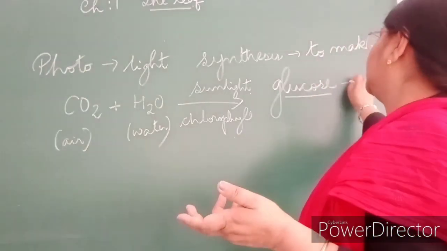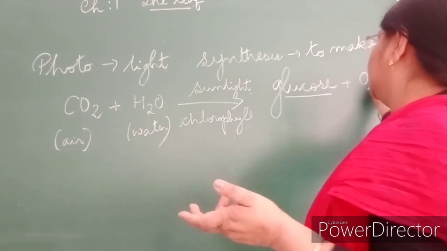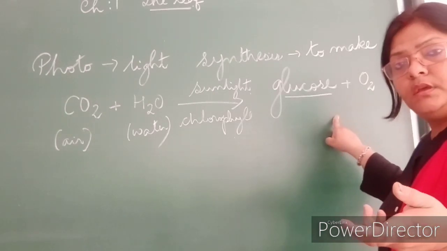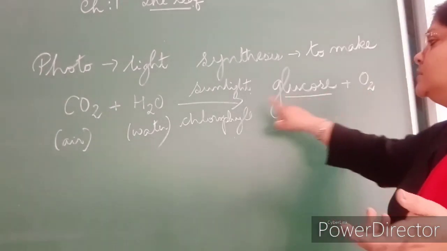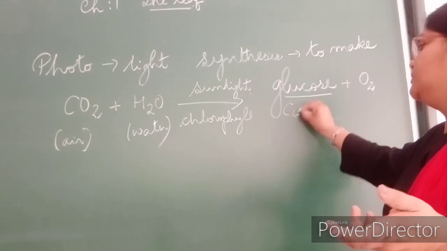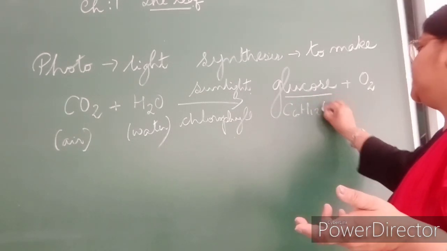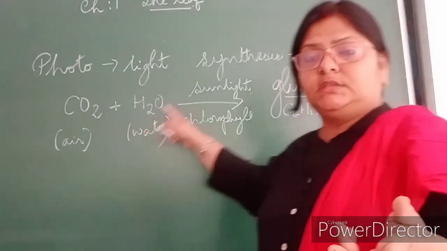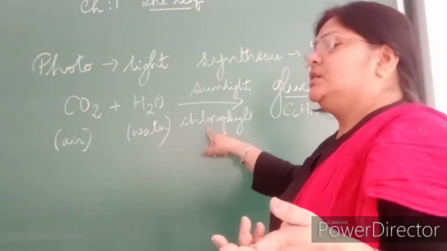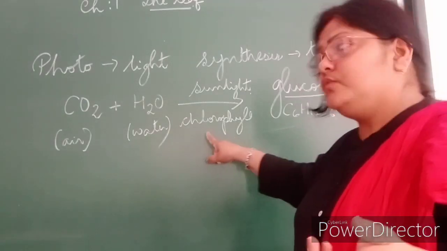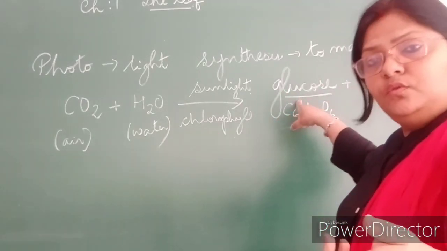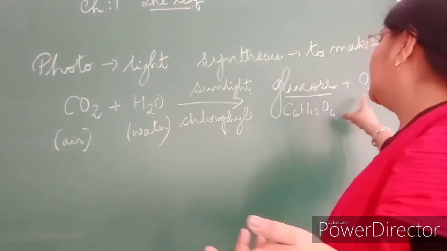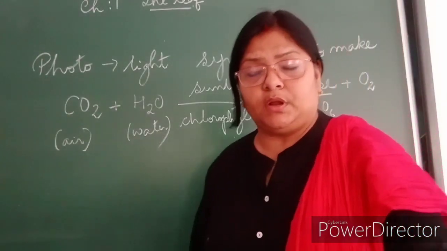Along with it, a byproduct is formed, an extra product, that is oxygen. So this is the food. If you want to know the formula, it is C6H12O6. So carbon dioxide and water synthesize in the presence of sunlight with the help of chlorophyll, forming glucose and oxygen. Glucose is the end product, oxygen is the byproduct.